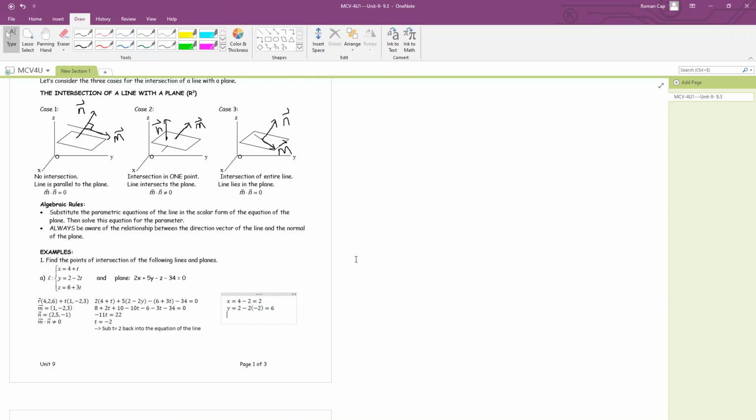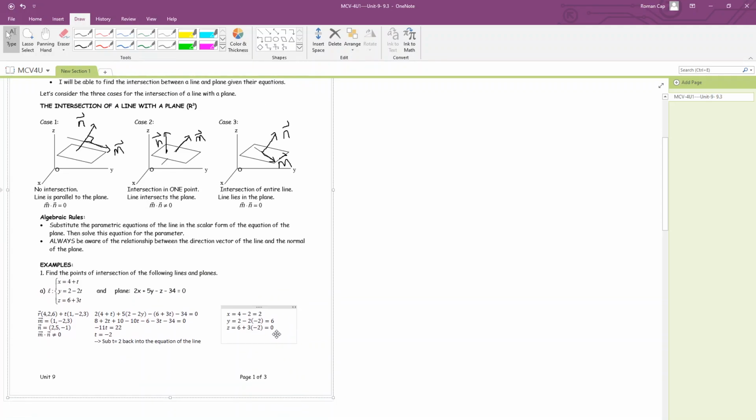And then the final one, z is equal to 6 minus 6, which is 0. So this is actually the point that the line and the plane intersect.